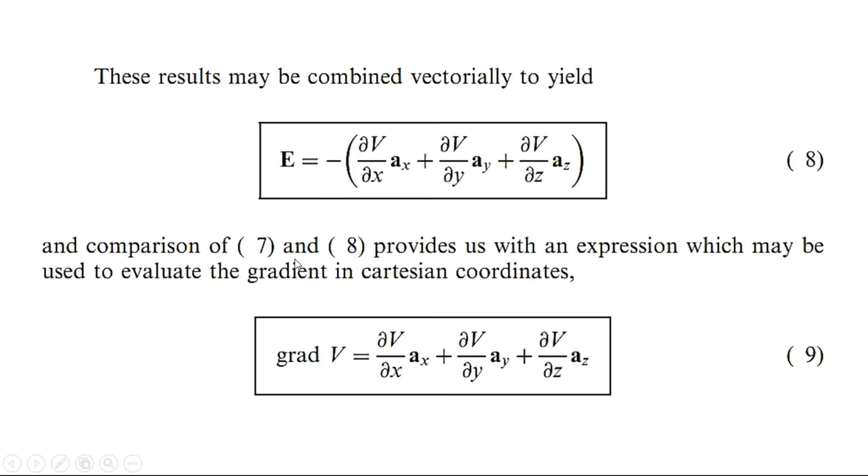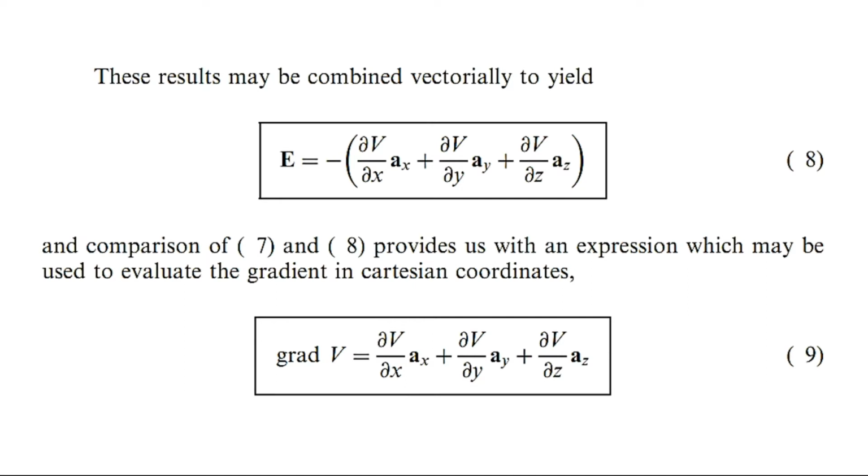And comparison of these two equations provides us with an expression which may be used to evaluate the gradient in Cartesian coordinates. So the gradient of V will be equal to partial V by partial x into ax plus partial V by partial y ay plus partial V by partial z az. V is a scalar field, and the gradient of V results in a vector field.